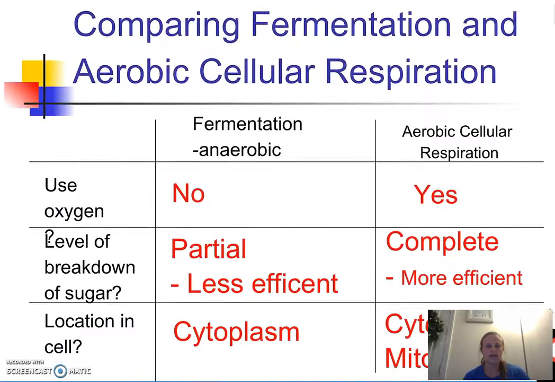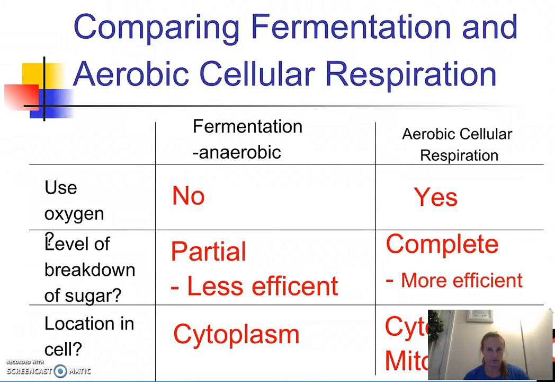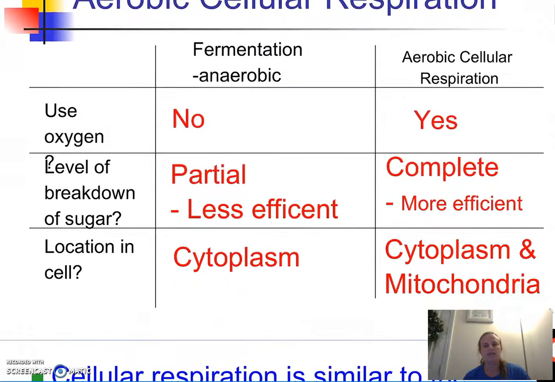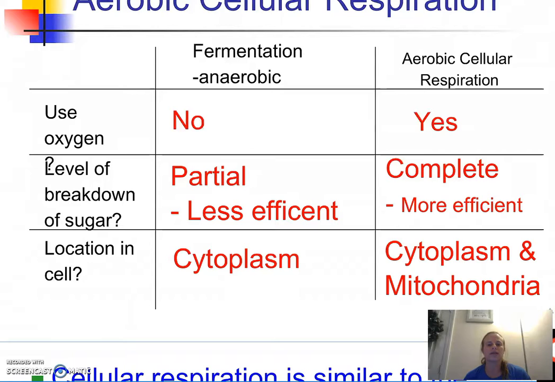If we were to compare and contrast fermentation, anaerobic respiration, and aerobic respiration: anaerobic doesn't use oxygen, involves partial sugar breakdown, making it less efficient, and takes place in the cytoplasm, whereas aerobic cellular respiration uses oxygen.